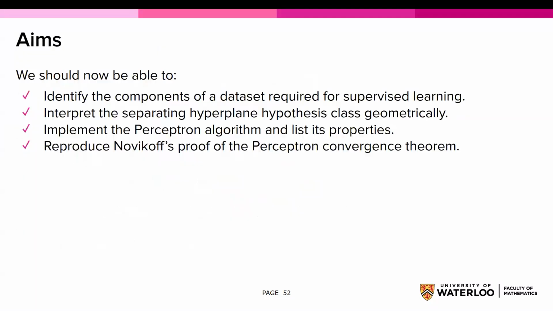So that wraps it up for this lecture. Just to summarize, we've identified the components of the data set required for supervised learning, so we can recognize the features of a data set and the labels. We've identified the online and batch learning settings. We've also talked about this class of hypotheses known as the separating hyperplane, its parameterization, as well as its geometric interpretations.